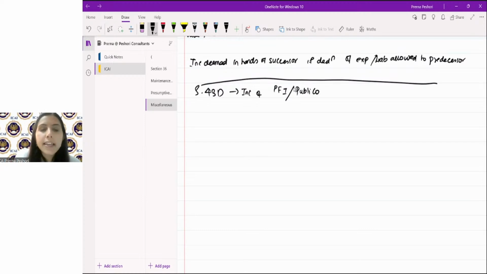What is this section? In case of a public financial institution, scheduled bank, cooperative bank, state financial corporation, state industrial investment corporation, deposit taking non-banking financial company, or systemically important non-deposit taking NBFC, the income. So here you can write it: public financial institution, banks, or NBFCs, right?